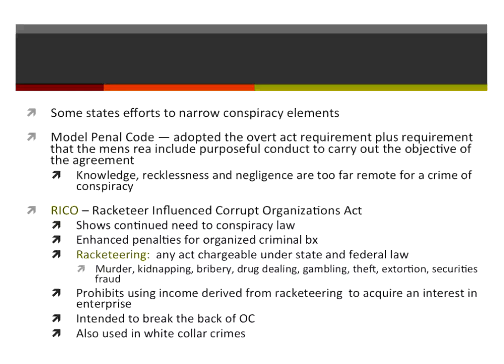Racketeering is any act chargeable under state and federal law, so it's any crime: murder, kidnapping, bribery, etc. Once you've committed that underlying predicate offense, RICO prohibits you from using income derived from racketeering to buy into a legitimate business. So if you have engaged in gambling, theft, or extortion, and then you want to invest that money in a legal business, the government can come in and later seize those assets. They could seize the so-called legal business that you purchased.